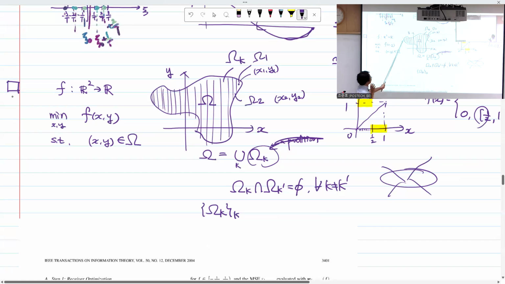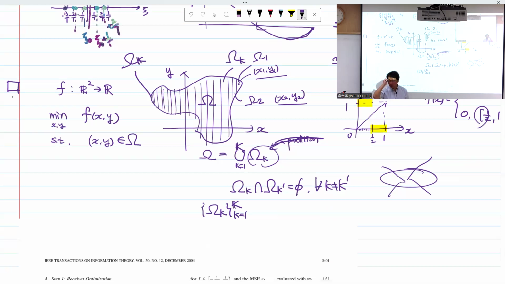Then, assuming here in this figure we have finitely many subsets, let's say we have capital K subsets. Then we have capital K candidates as our optimal solution. And among them, we may find the pair x comma y that gives us the minimum function value, right?